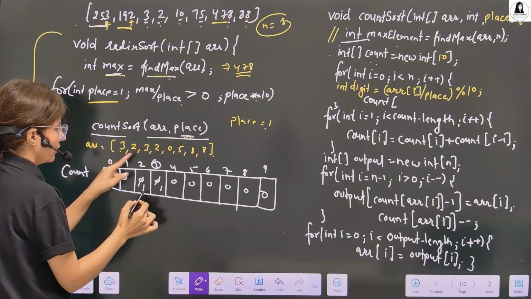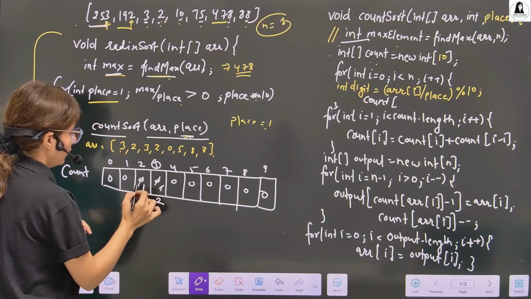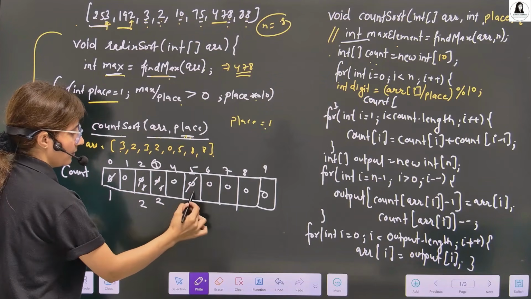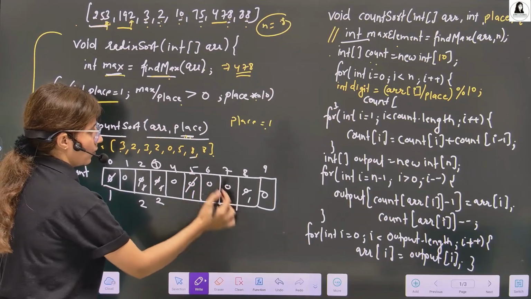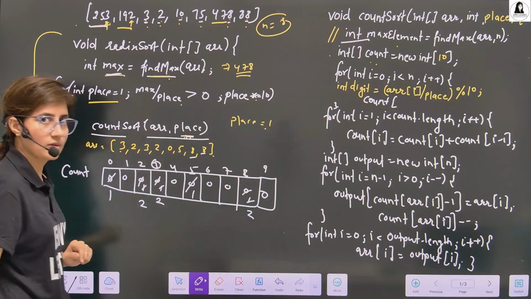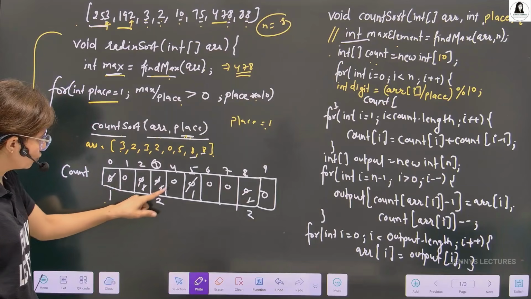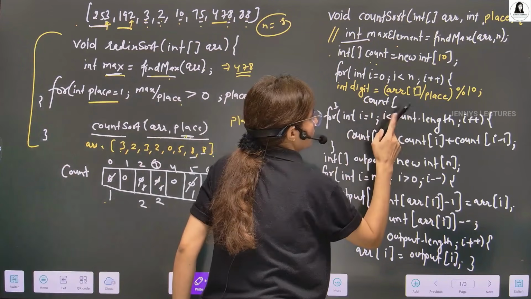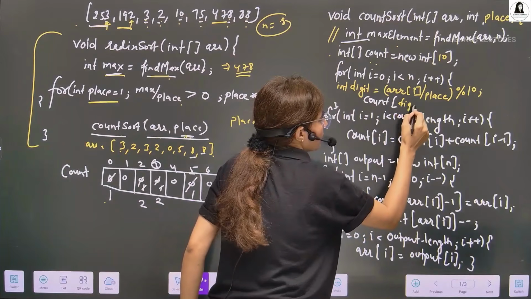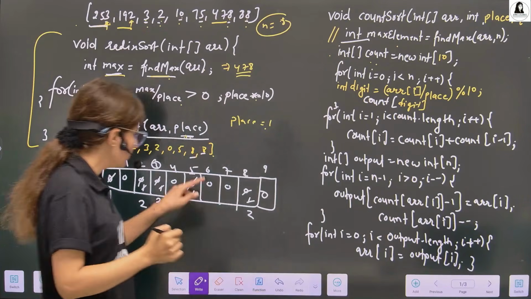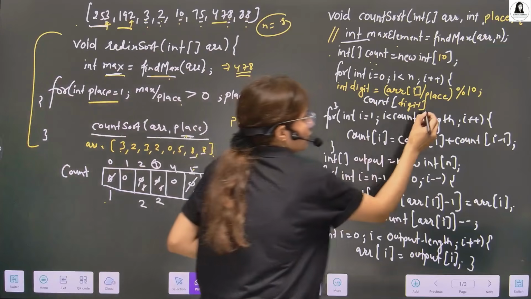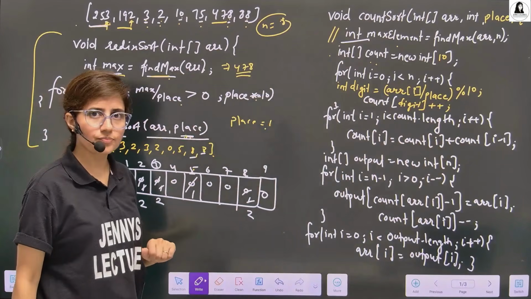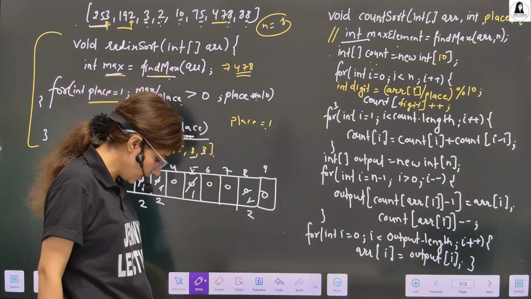Then 2, increment by 1, then 3, again increment by 1, then 2, again increment by 1, then 0, increment by 1, then 5, at 5th index increment by 1, 8 at 8th index by 1, again 8th index increment by 1. So now the count array is 1, 0, 2, 2, 0, 1, 0, 0, 2, 0. That's how we do. Whatever digit you get will act as an index, and at that index I just do plus plus. These two lines.